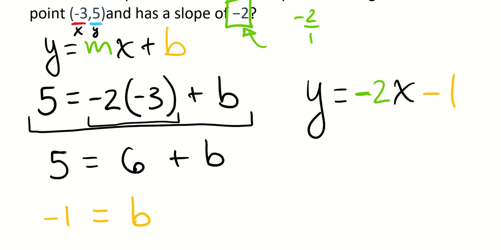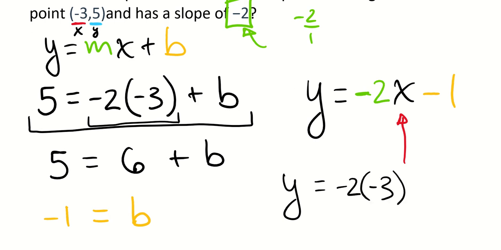I can verify that by plugging in x and making sure I get the correct y. In fact, when I plug in that x from my point, the value -3, this is going to become y equals -2 times -3 minus 1.